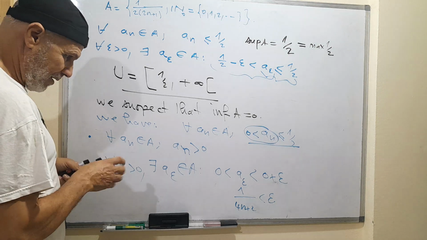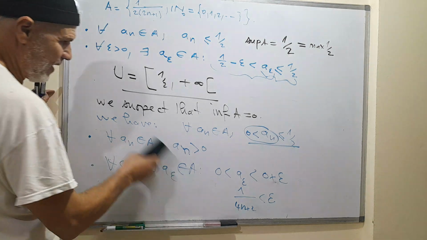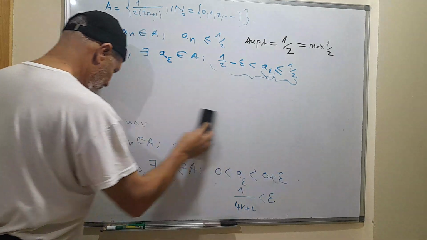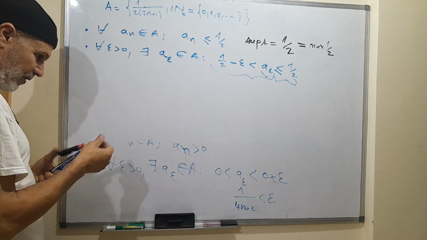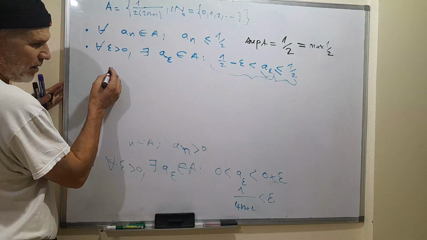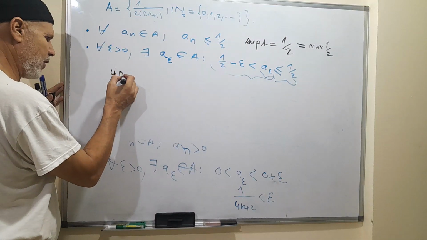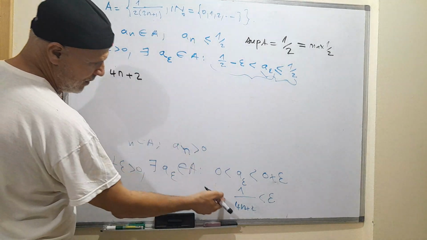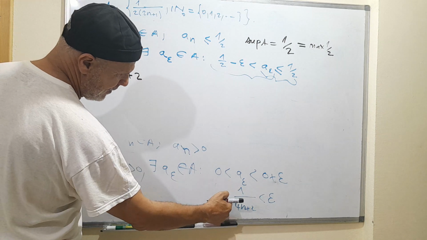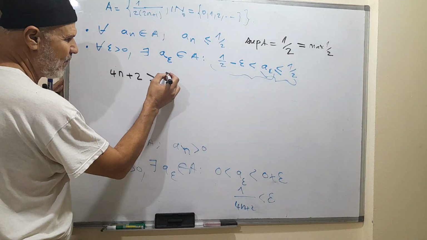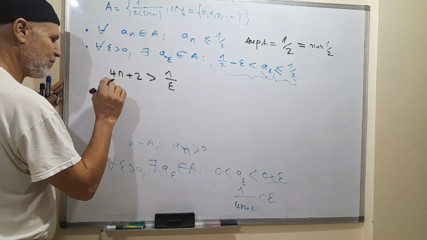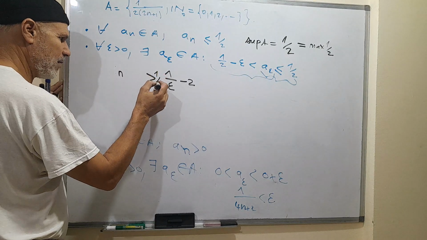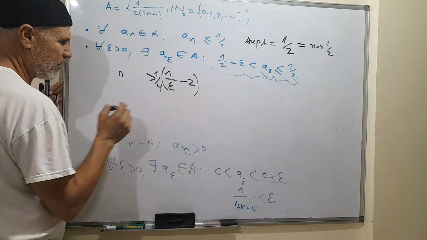If we take the inverse here for any epsilon greater than 0, we get 4n plus 2 greater than 1 over epsilon, so n is greater than 1 over epsilon minus 2, times 1 quarter.